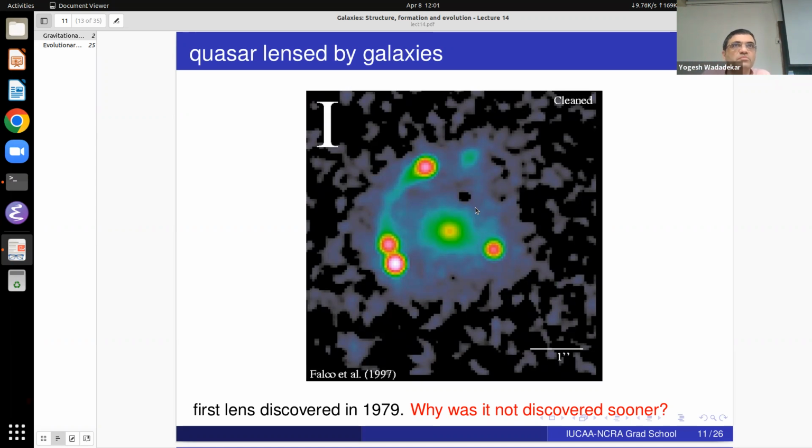It's not possible now. So that was the reason it was not discovered sooner, because until you had, this is of course a fantastic image made with, I don't know whether this is HST or adaptive optics, I have to check, but both are possible, because by that time the VLT had also started working.